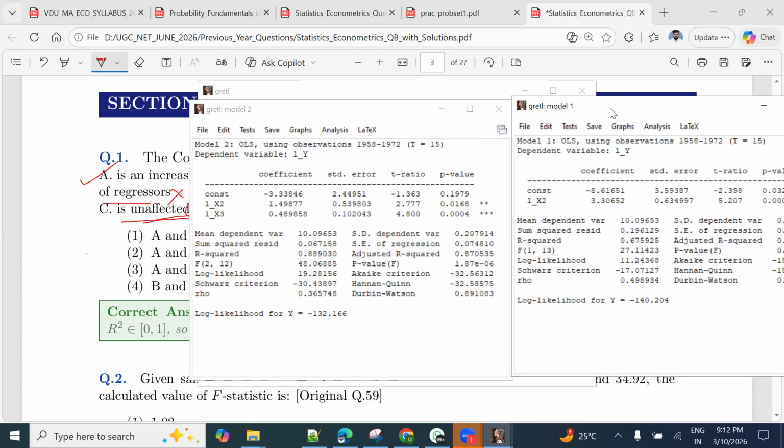This is a log model, so it is also another thing we should learn. First, do you know the interpretation of this coefficient, madam? 1.49877: if labor is increased by 1%, then the output will increase by 1.49877%.